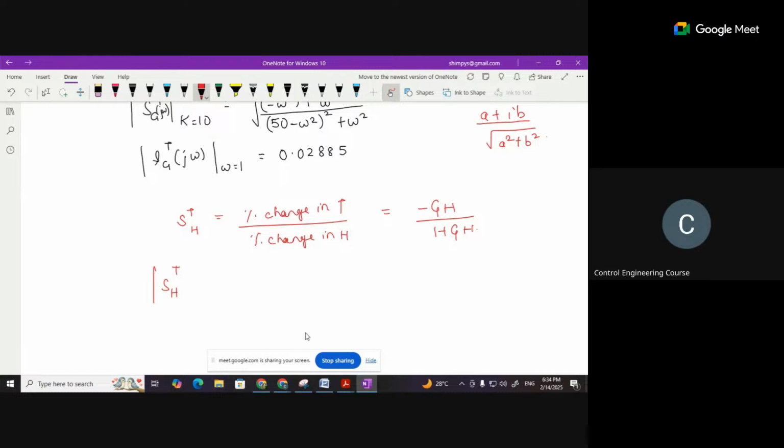Then this becomes, of course, at j omega, where the value of omega is 1 and the value of k is 10. I'm just writing it down in a single step.